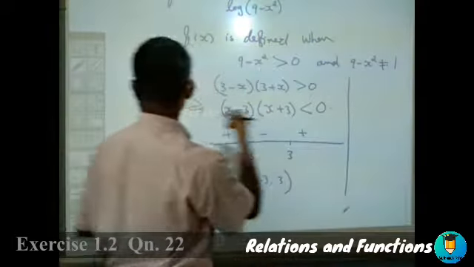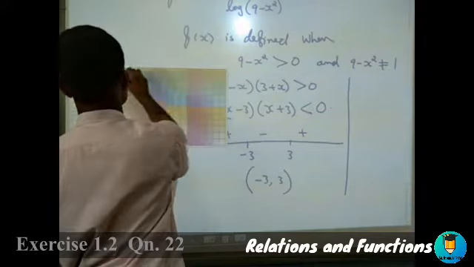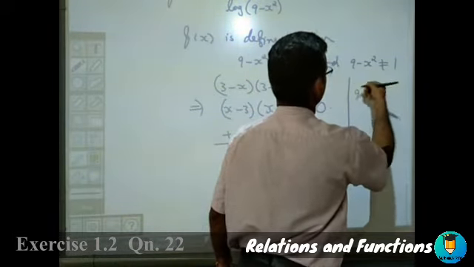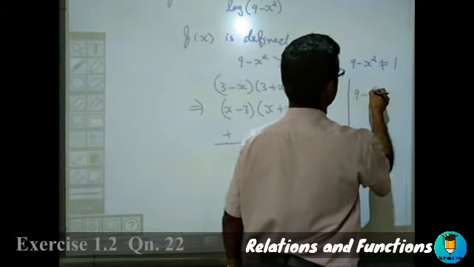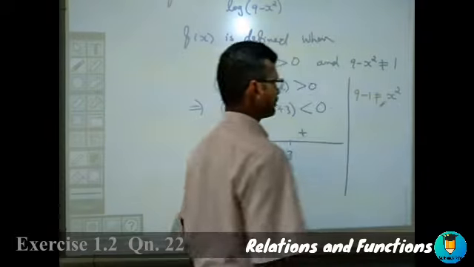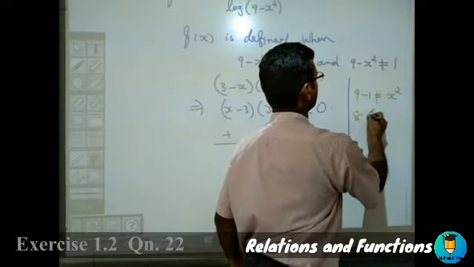Now this part if I simplify it, 9 minus 1 is not equal to x square, so it is 8.